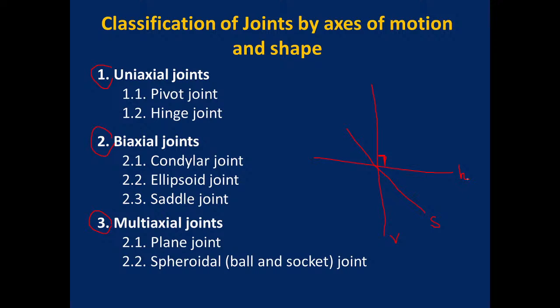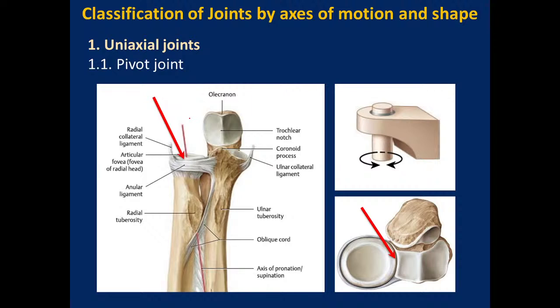So when we are talking about uniaxial joints, they have only one rotation axis around which they can perform flexion and extension or abduction and adduction movements.